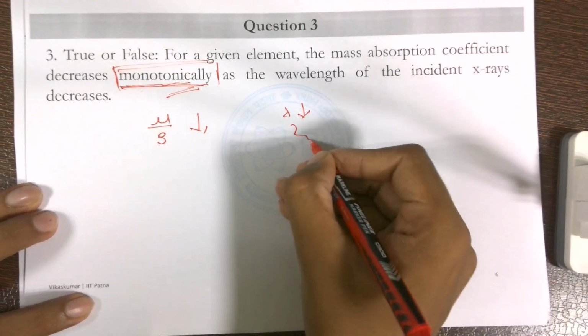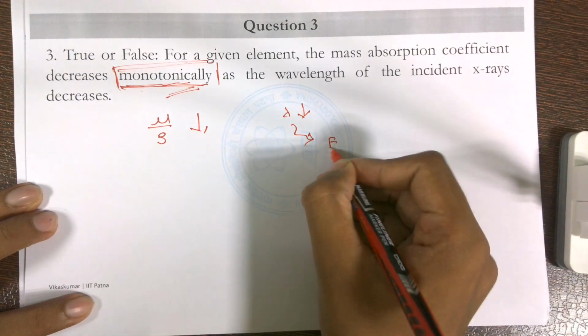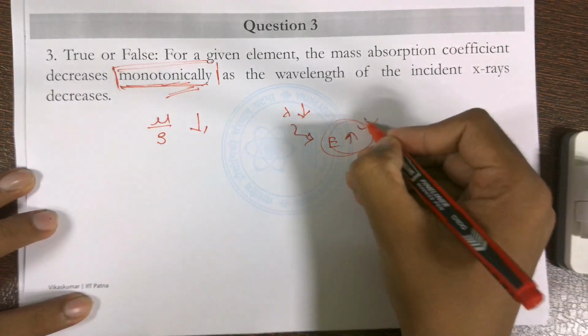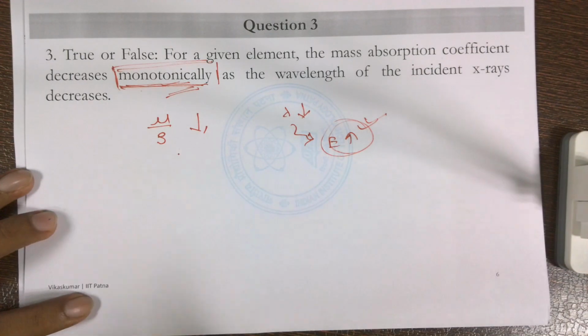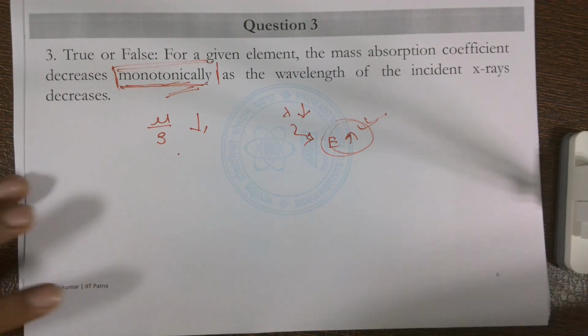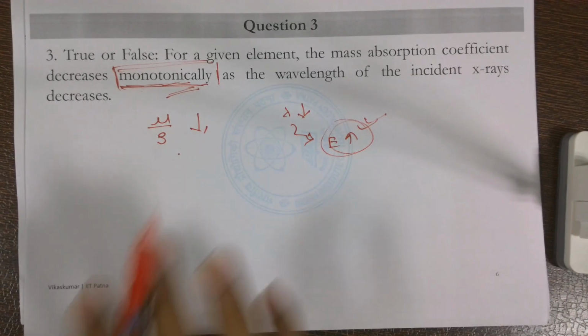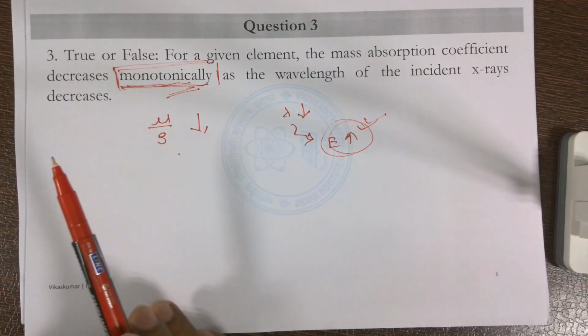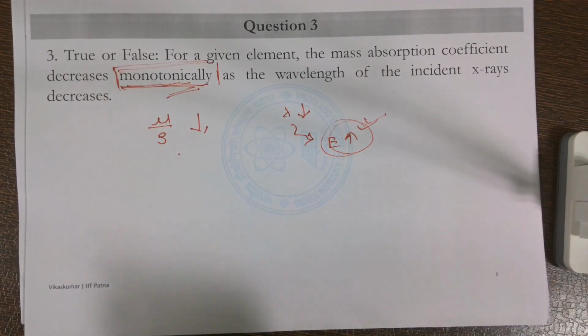Decreasing wavelength we can relate with the energy increasing. If more energy is there, it means that the absorption will keep on decreasing. But we also know there is a point. But before that, can anyone answer, is it true or false? It's false, right? Very good.